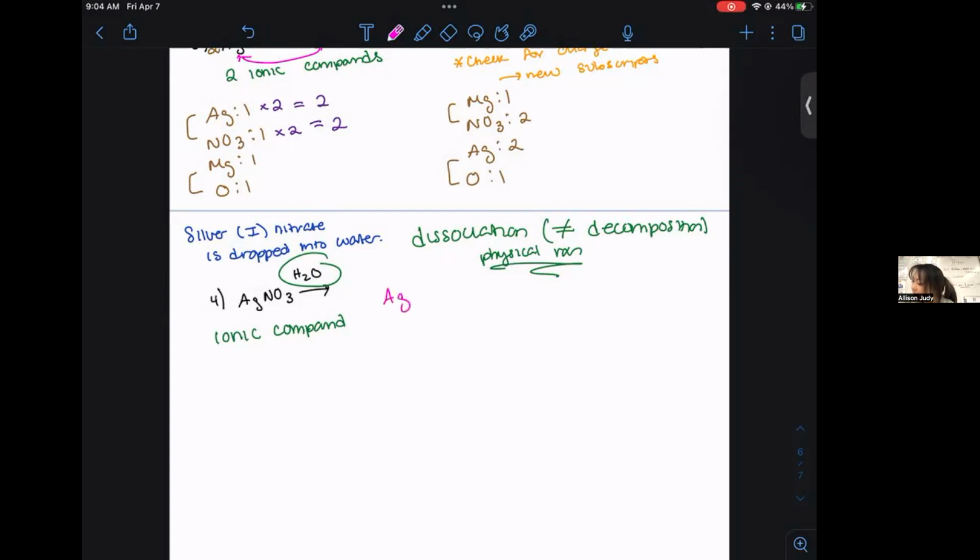So this becomes Ag positive, and we say aqueous because it's in a watery solution, and NO3 minus aqueous. And those are our products for this physical process of just thwacking apart an ionic compound. Not a chemical reaction. No new substance has been made. We just split the ions.